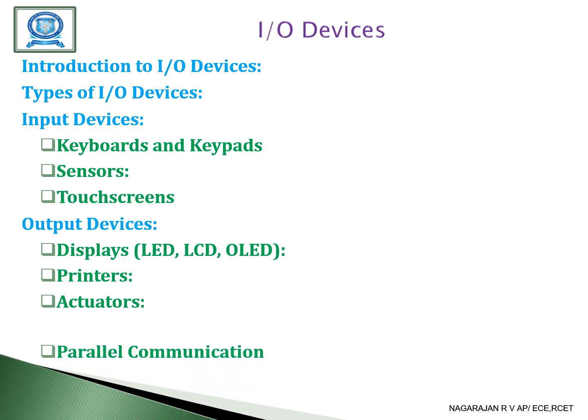Now let us consider input-output device communication. There are two types of communication available. One is parallel communication and another one is serial communication.